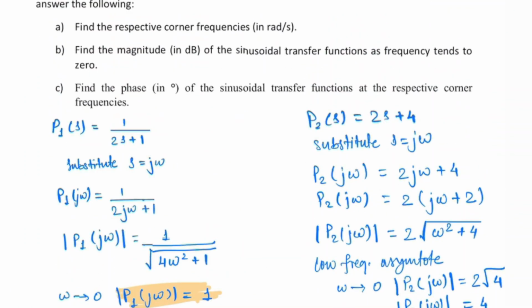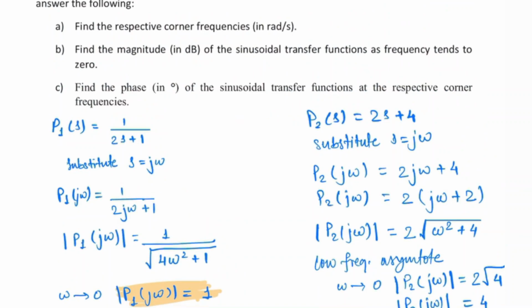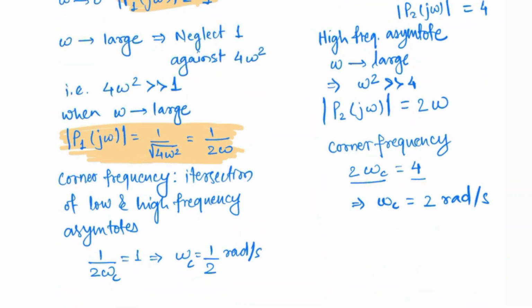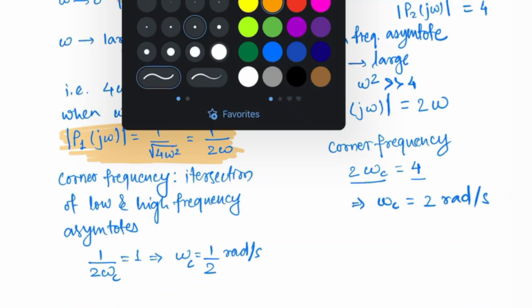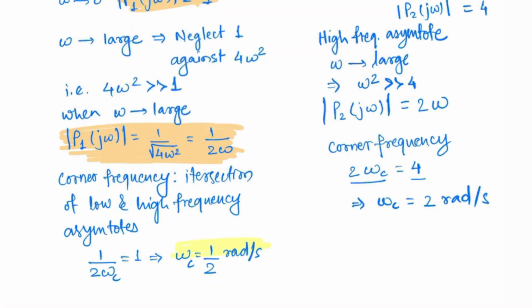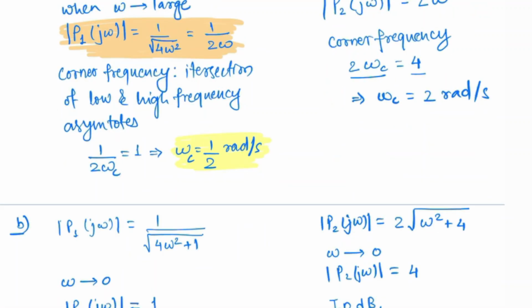Now coming to the third portion, find the phase in degrees of the sinusoidal transfer function at the respective corner frequencies. So in part A, we have found corner frequencies as this one, where omega c was half for the first transfer function P1, and this, where the corner frequency was 2 radian per second.